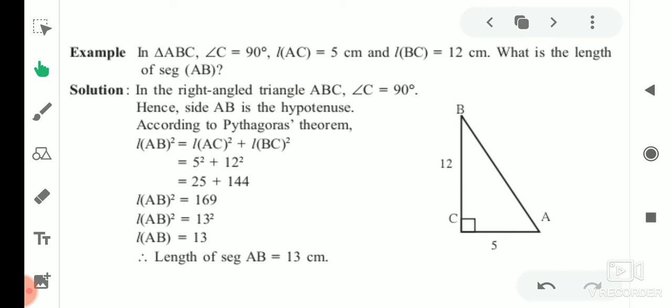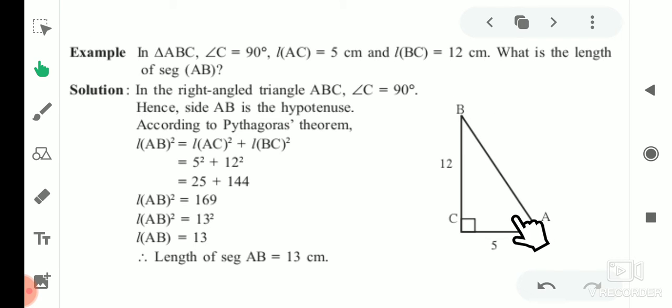Now see one example. In triangle ABC, angle C is a right angle, that is of 90 degree. Length of AC is given as 5 cm and BC is given as 12 cm, and we have to find out the length of the hypotenuse AB.